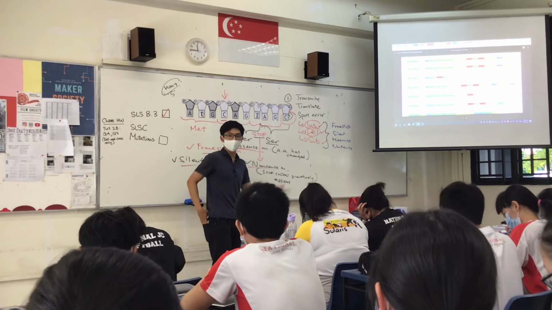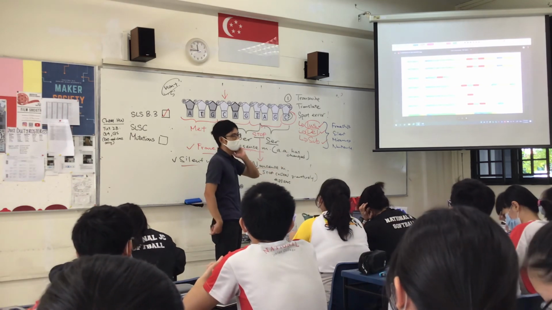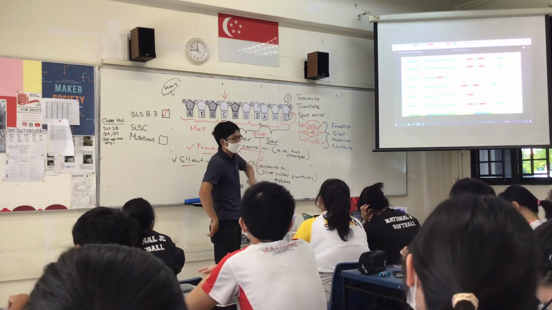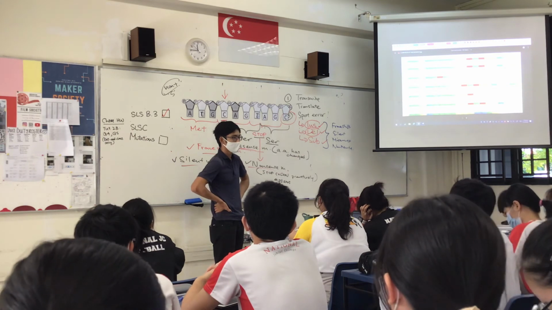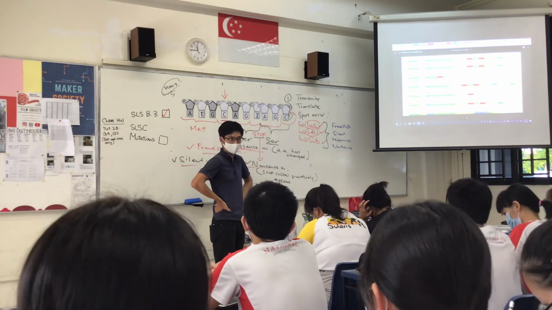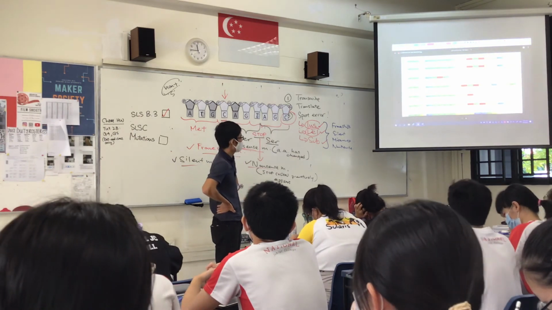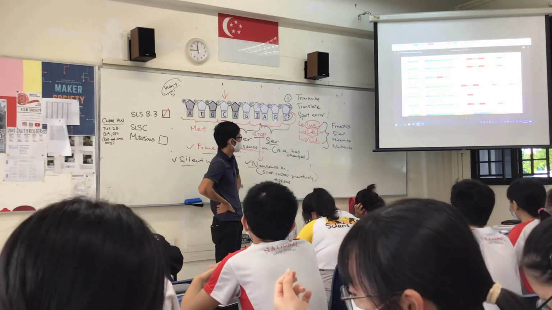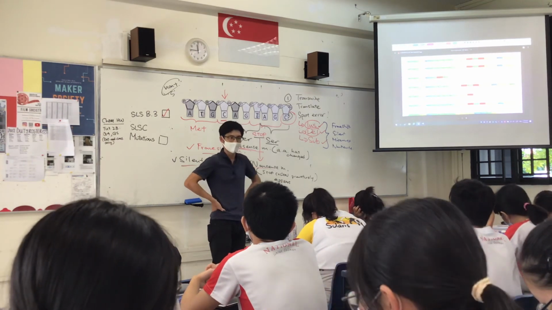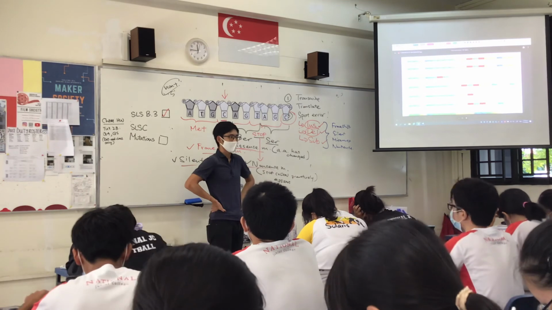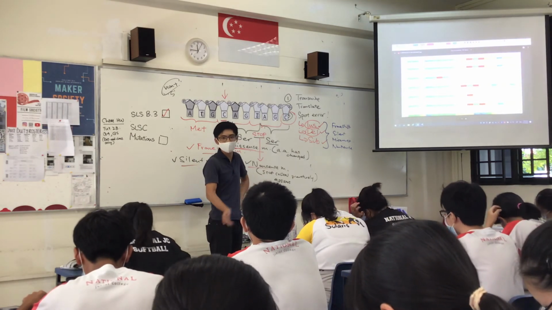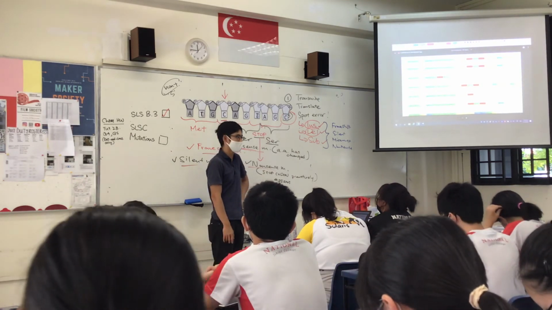Which to you is the most serious mutation? Frame shift can be quite serious, right? Anything else? Actually, it's really hard to say. I can only say that there's one that is the least serious, which is silent mutation.